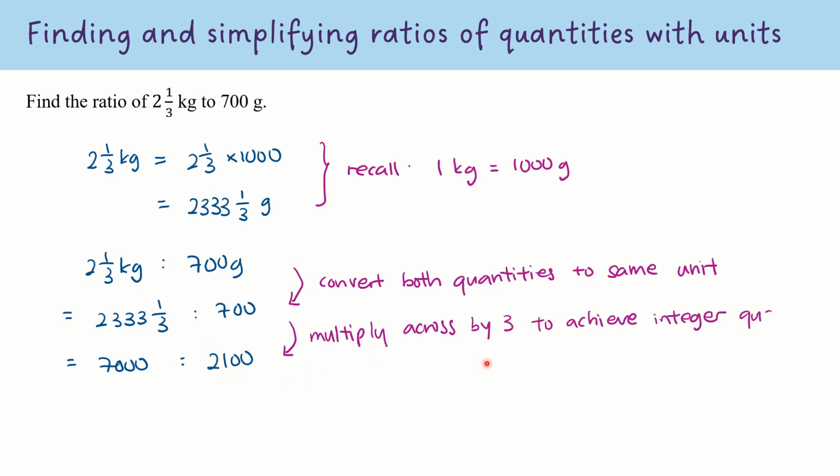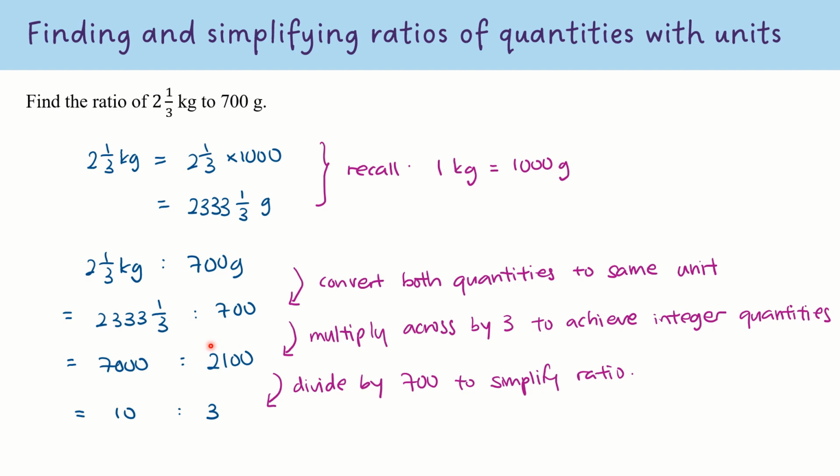So what we have just done is to multiply across by 3 to achieve integer quantities. Then we simplify our ratio by dividing by 700 on both quantities such that we are left with the simplified ratio of 10 is to 3.